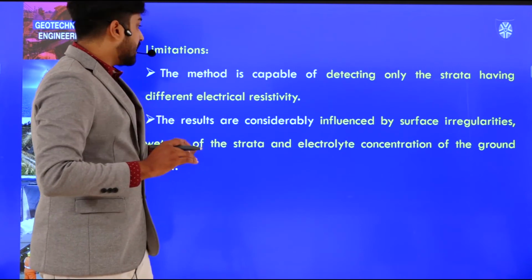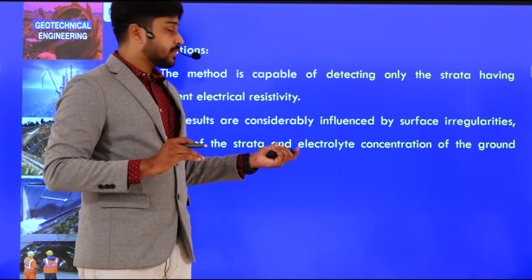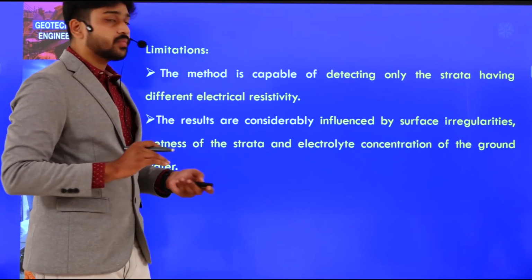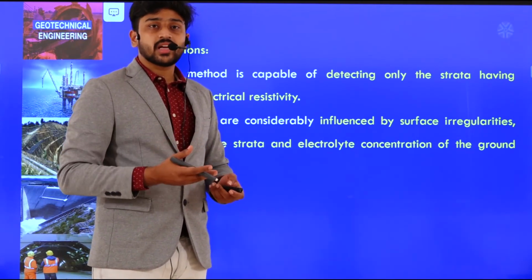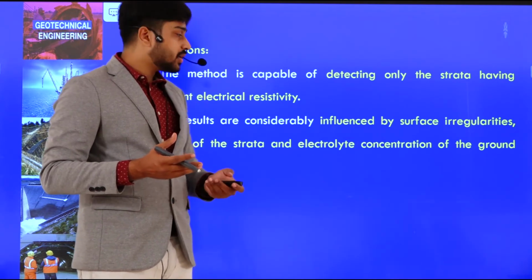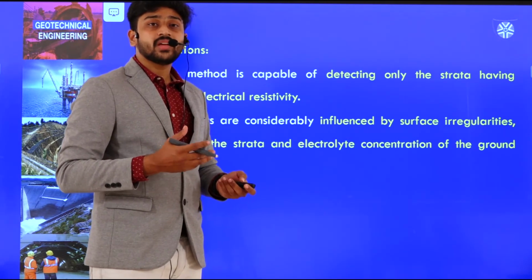Wetness of the strata also makes it difficult. And then there is the electrolyte concentration of the groundwater: if groundwater is passing at a certain depth, the electrical resistivity of that ground may be affected, so the resistivity we are measuring may be altered.